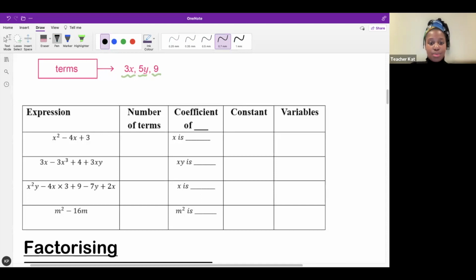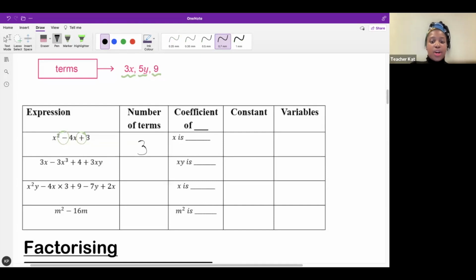How many terms do we have here? My first block says, tell me the number of terms. Just to recap what I just said, terms are separated by a minus or a plus. So that means, nice, Buhlale, I have 3 terms in this case, which are x squared, 4x, and 3.